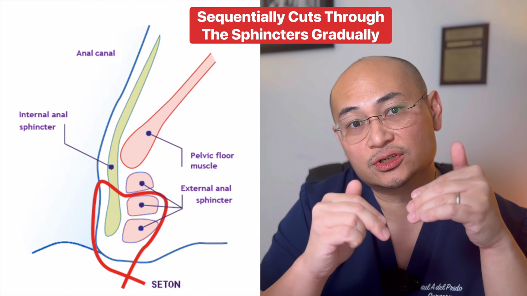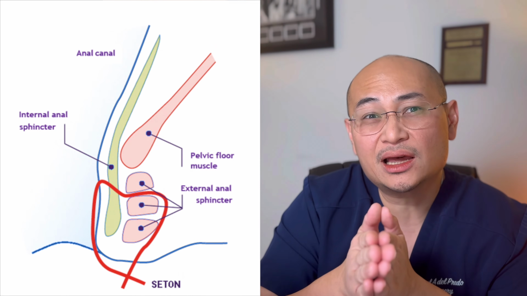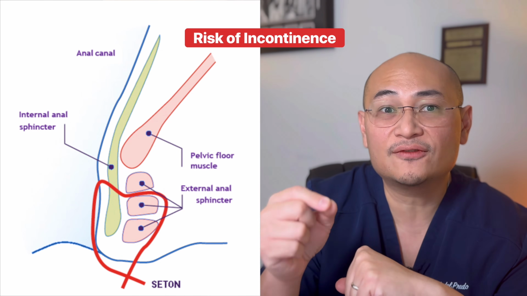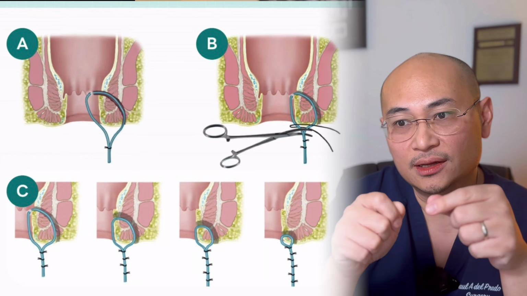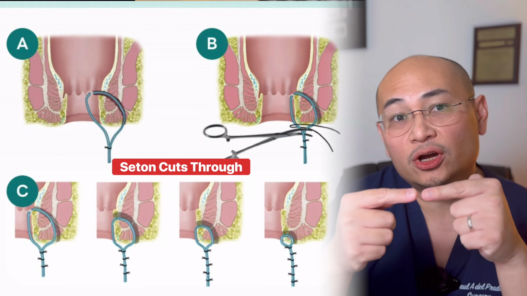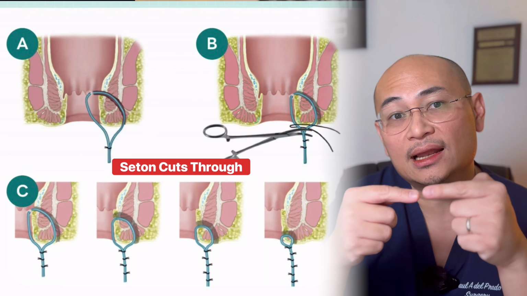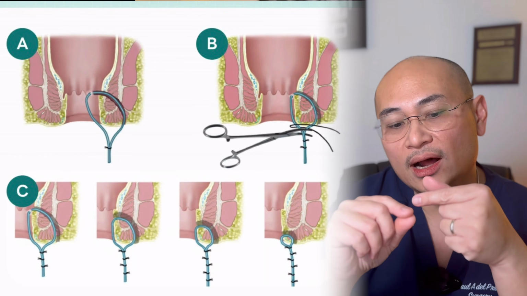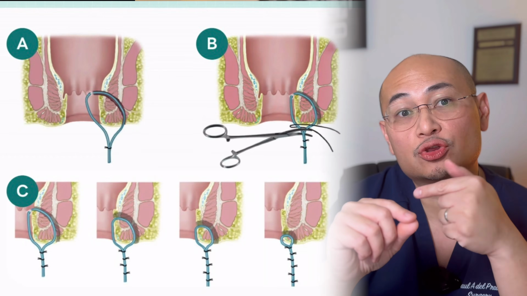However, this still has a risk of causing incontinence with the damage, even though it's sequential. So the thought process is sequential cutting. And when you tighten it sequentially, it allows the seton to cut through slowly, allowing the further portions to heal while preserving some of it as it goes through.